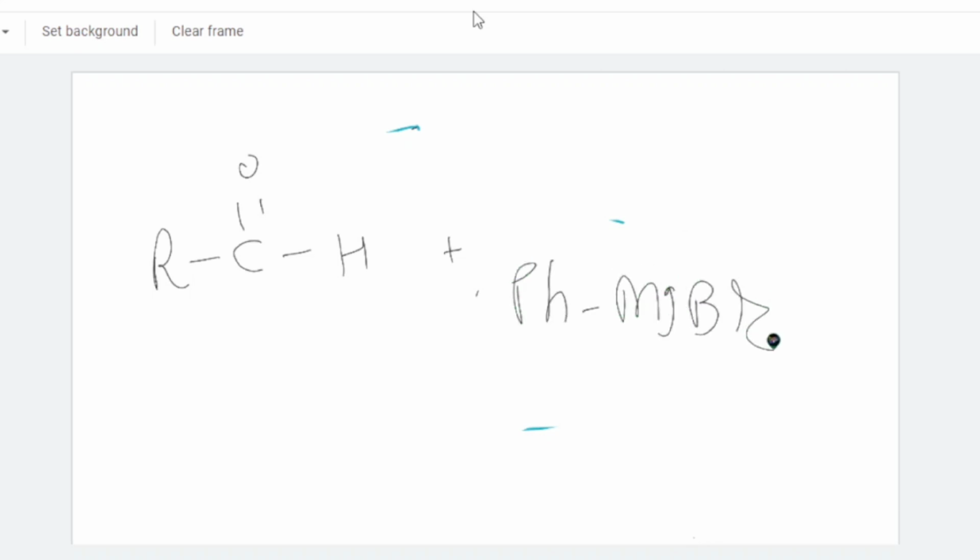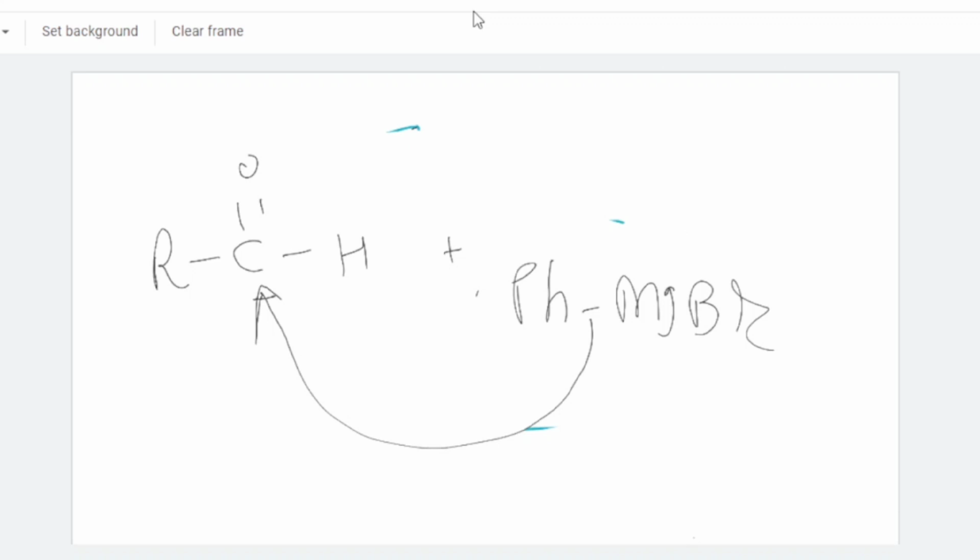Know that this carbon has a partial positive charge and oxygen has a partial negative charge. Then what happens? This bond will transfer to the carbon. Why? Because the carbon has a partial positive charge and phenyl has a negative charge, so the negative will attack the partially positive carbon.